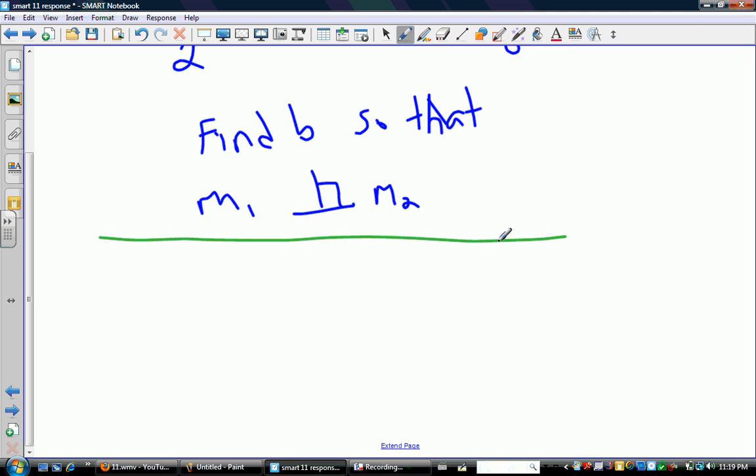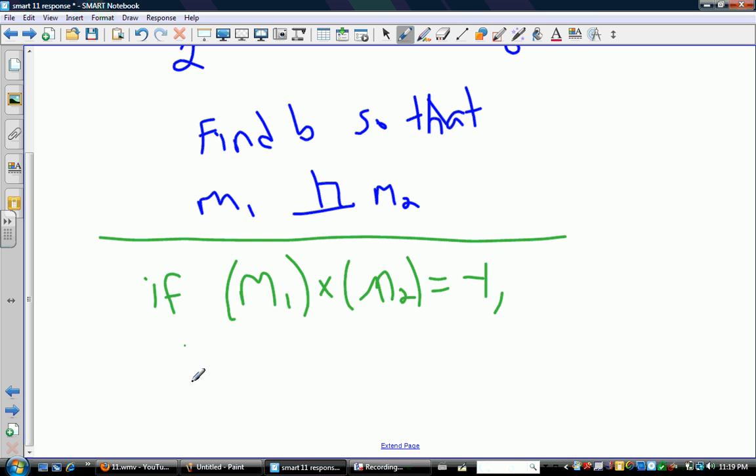So if m1, slope number 1, times slope number 2 equals -1, then m1 is perpendicular to m2. This was the fact that we needed to use.